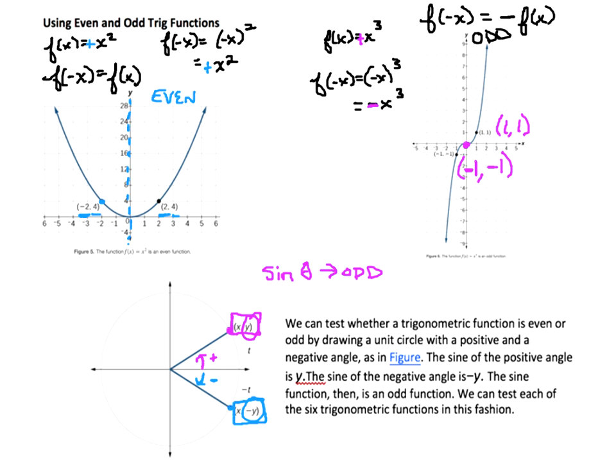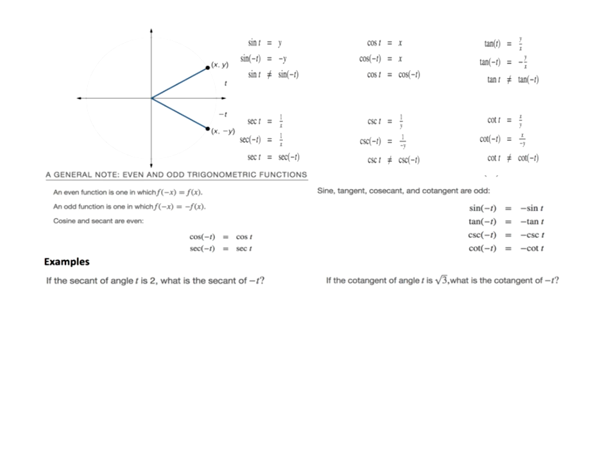And we can test all of the trig functions that way. Since cosecant is the reciprocal of sine, it's also going to be odd. So we have a chart that has done all the work for us.